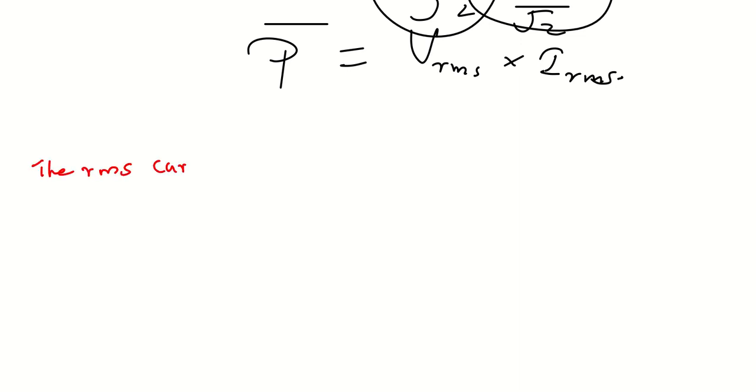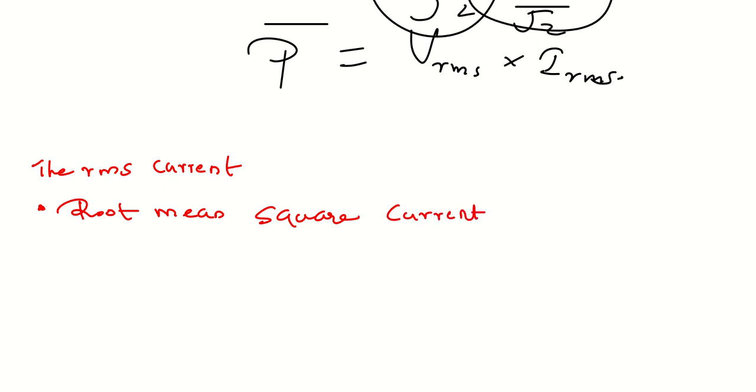So what is meant by RMS current? RMS is root mean square. Root mean square current is also called the effective current.